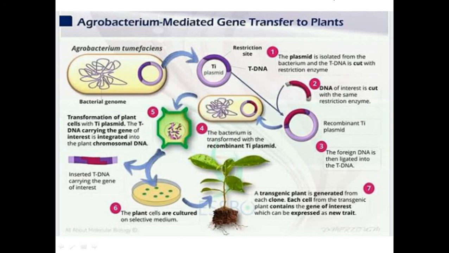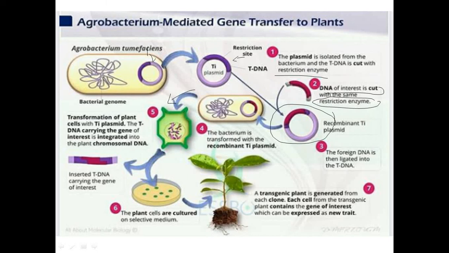Here, this is a diagram in brief of how this Agrobacterium tumefaciens bacteria, which has a Ti plasmid, is used. Whatever foreign DNA we want to incorporate into the plant, we have to first cut this Ti plasmid at the tDNA region with the same restriction enzyme with which the DNA of interest is cut, and then a recombinant Ti plasmid is obtained. Then this recombinant Ti plasmid is transformed with the Agrobacterium into the plant cell.